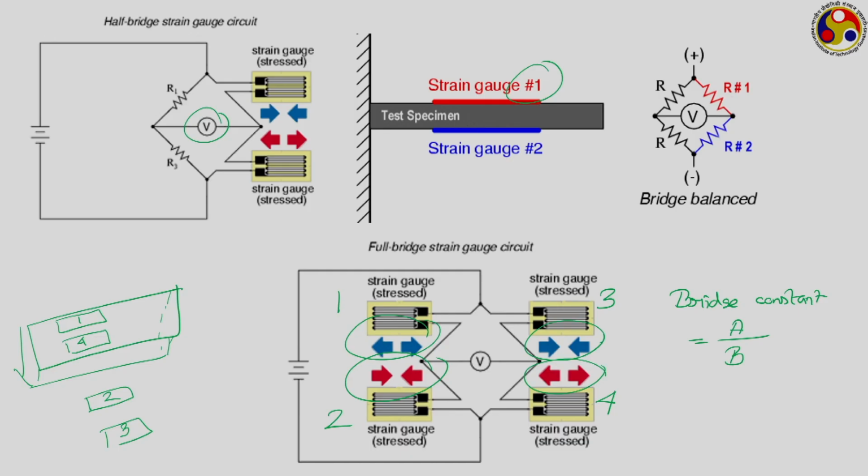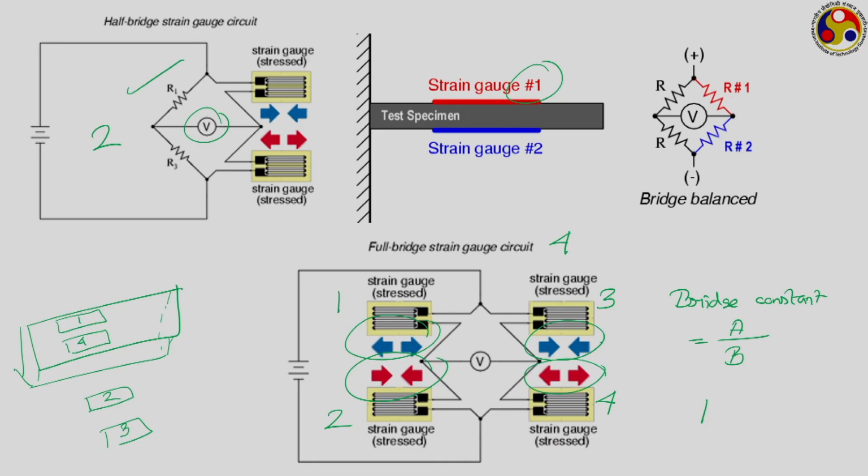So, when you are using a quarter bridge arrangement, the bridge constant is 1. However, in this kind of situation your bridge constant is 2, because your output will be twice what you got with a quarter bridge. And what about the full bridge? Here the output will be 4 times, or I should say the bridge constant will be 4.